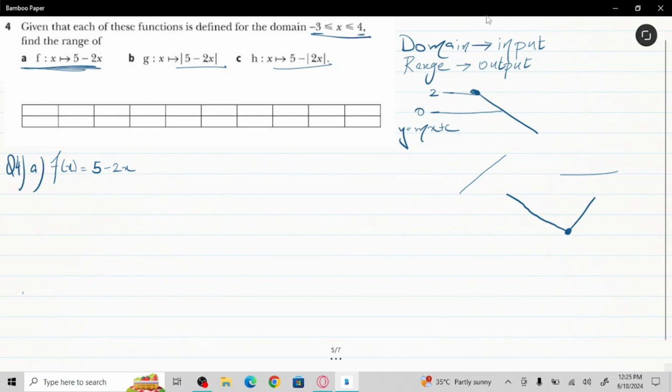So if we take the domain from -3 up till 4, we won't know at which point the graph is lowest. For example, when x = -3, this is a point of the graph. This is just an example, don't take it seriously. We input this and find the highest value, then input 4 and find the lowest value.